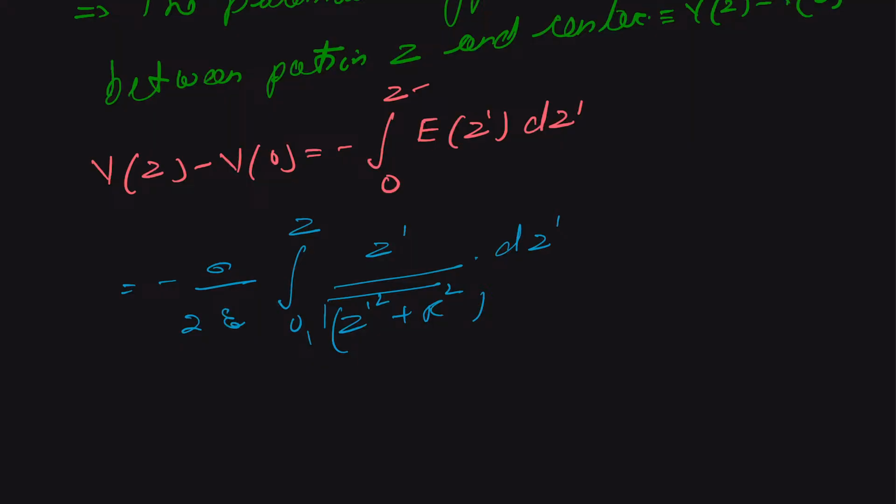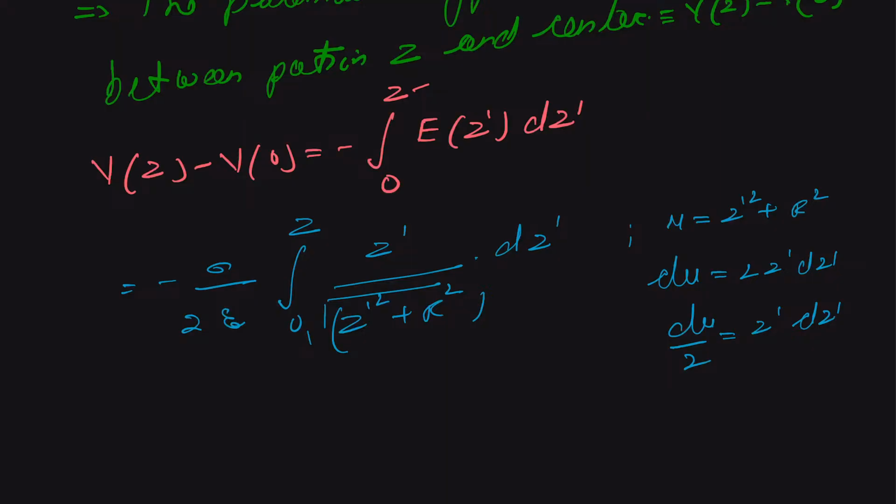And this integration is quite easy to solve. We are going to put simply u is equal to z prime square plus r square. So du will be giving us 2 z prime dz prime, or we can say du by 2 will be equal to z prime dz prime.